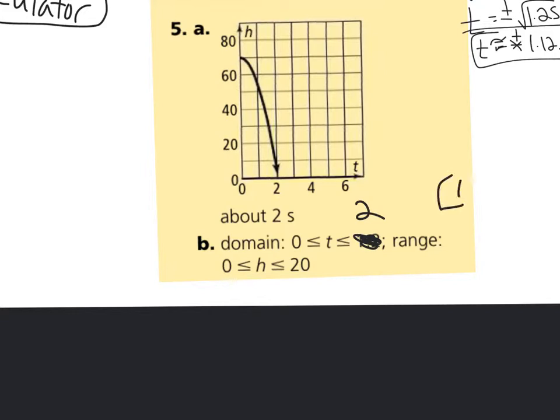Or you could do like 0 to 2 if that's exactly hitting at 2 seconds. The range is our height, which should be from 0 to 70.